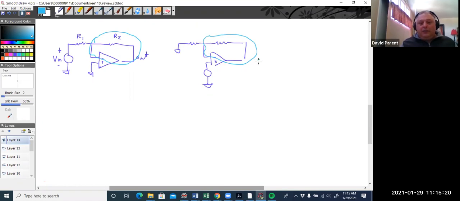But V out has to communicate with V in. That can be a resistor, a diode, a capacitor, an inductor, but you've got to have something. Now, both of these are taking V plus, taking the difference between these two nodes and multiplying it by a very large number.